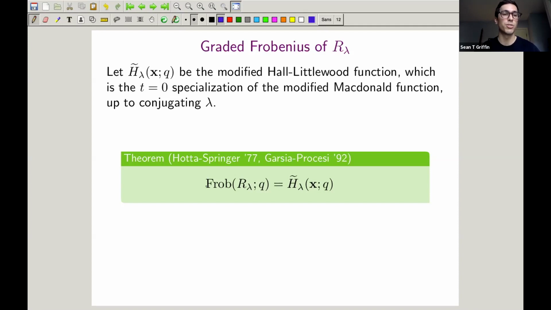It's just equal to the modified Hall-Littlewood function that Olio talked about. So recall that the modified Hall-Littlewood H tilde lambda is the specialization of the modified Macdonald function that showed up in Olio's talk when you set t equal to 0, up to conjugating lambda.